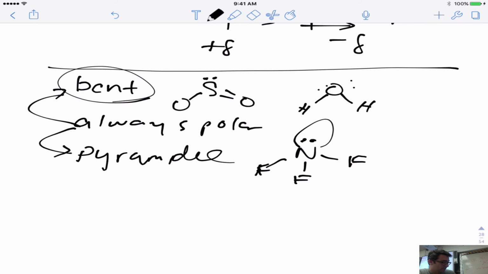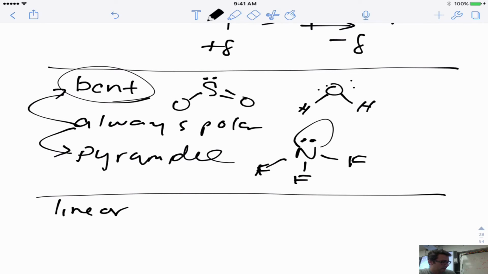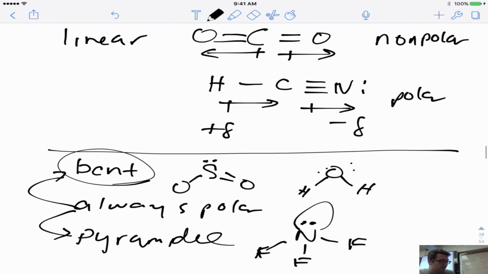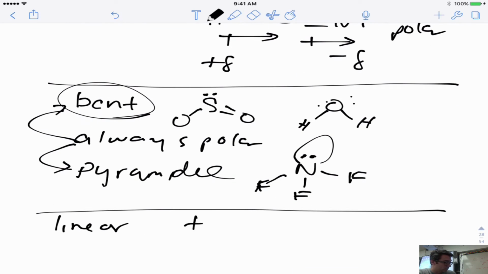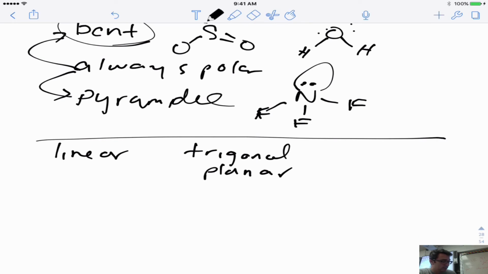Now, what if you have something where there are no lone pairs? We did linear, and we see the same trend. With linear, we could be polar or nonpolar. Well, if we're trigonal planar, that flat plane, we could do the same thing we did with the linear one.